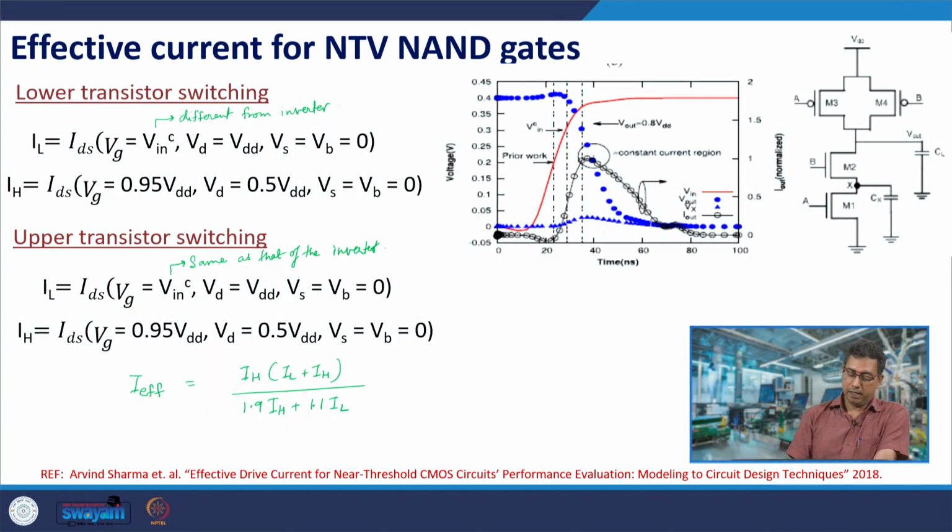The only thing is that IH and IL would be different for the inverter, for upper transistor switching and for lower transistor switching in a NAND gate. For all 3 cases, IL and IH would be different. Otherwise, I effective's relationship with IL and IH would remain the same.